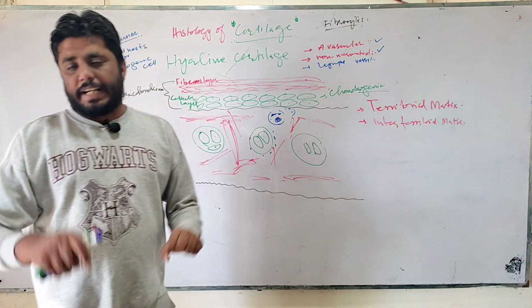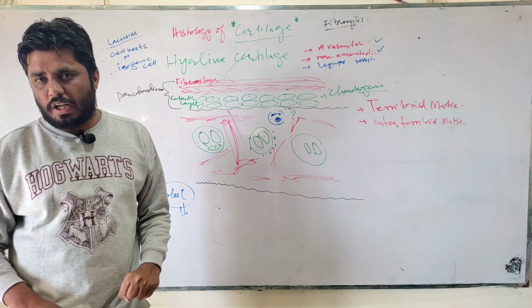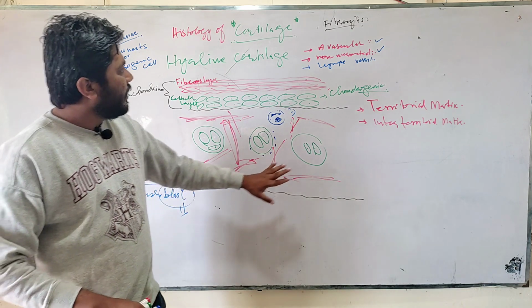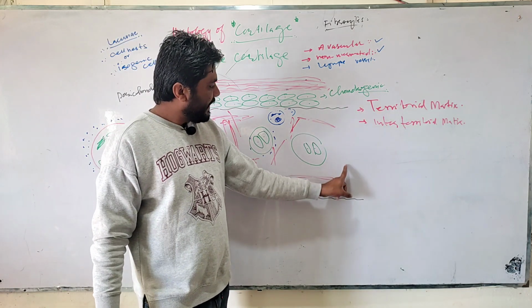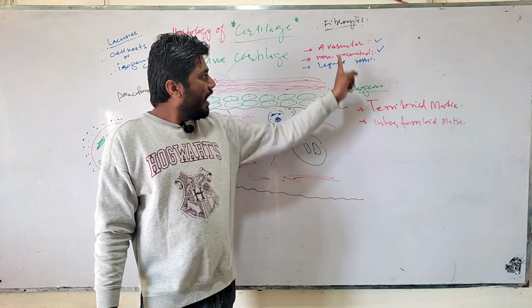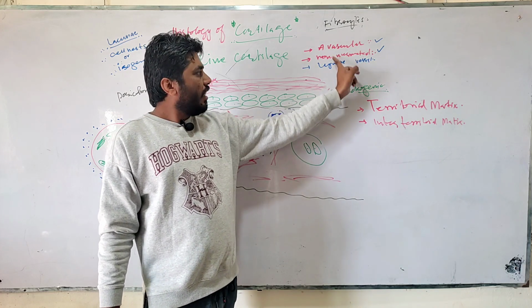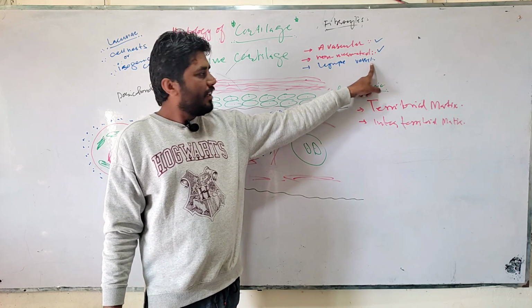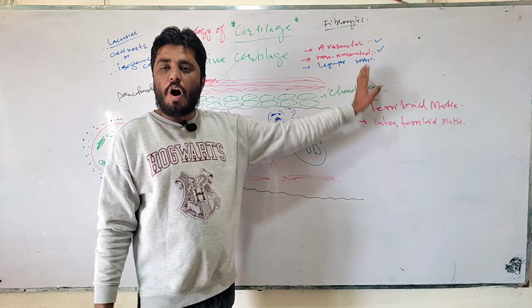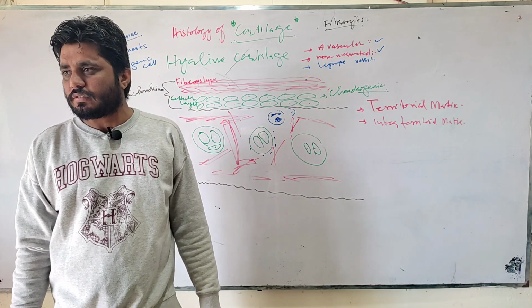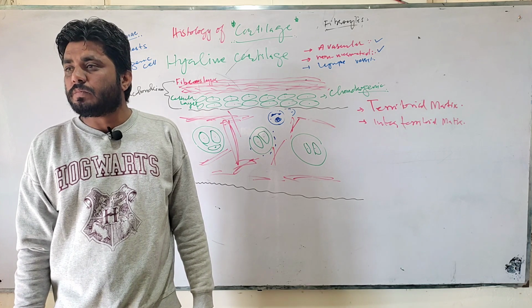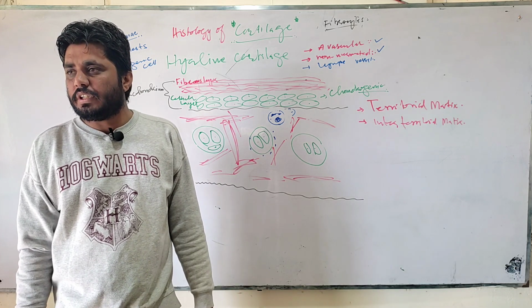And another important thing which I really want to explain here. If this cartilage is avascular, non-nervous, with no lymph vessels, how will it survive? Diffusion from where?